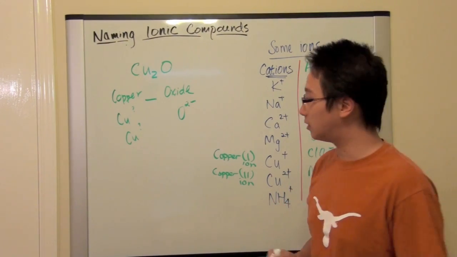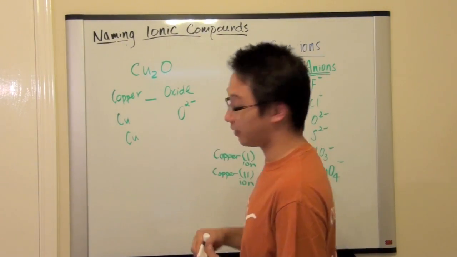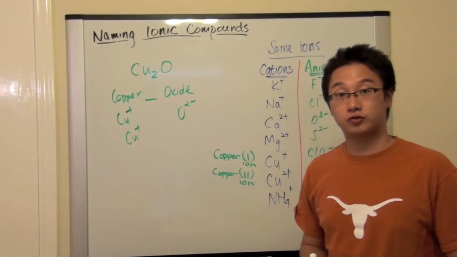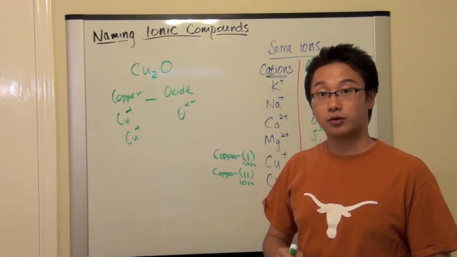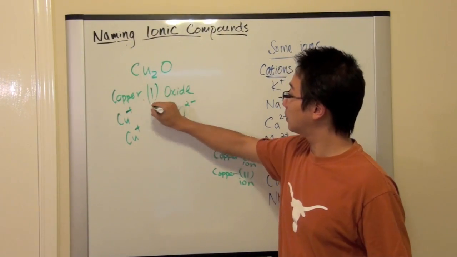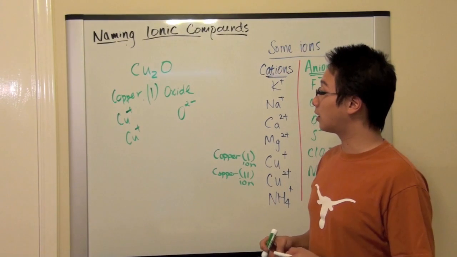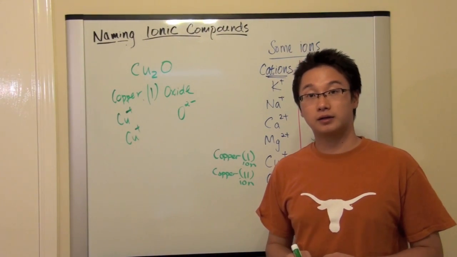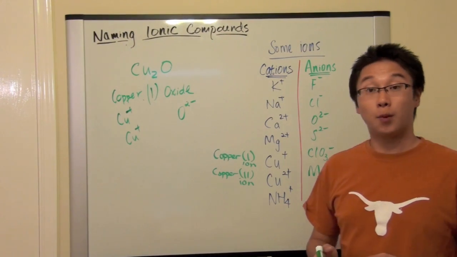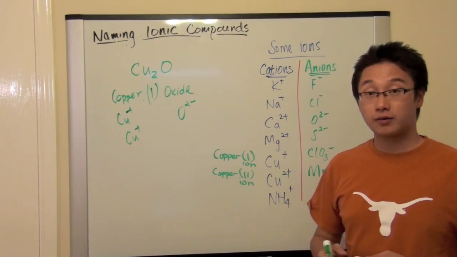So what would that be? Well, you think about this. The copper must have a positive charge so that they can balance out each other. So in this case, this will be the copper 1 oxide. Okay? Now, I hope you feel that's very simple for now.